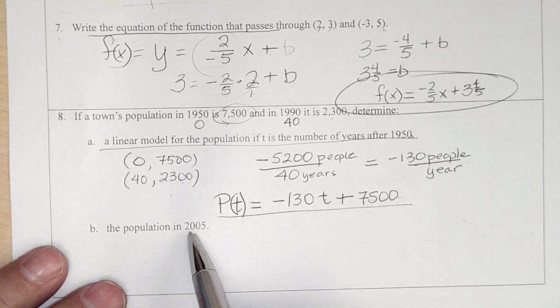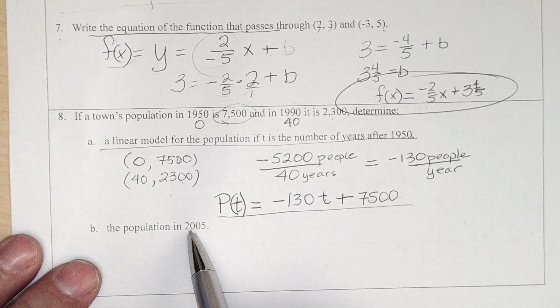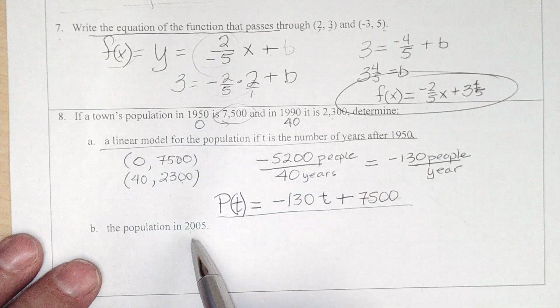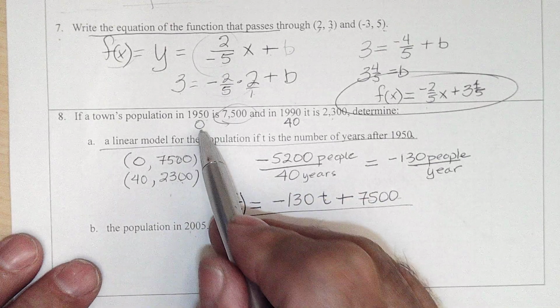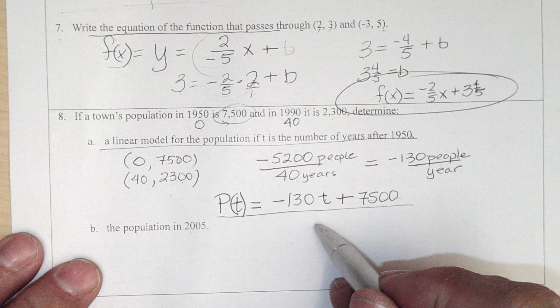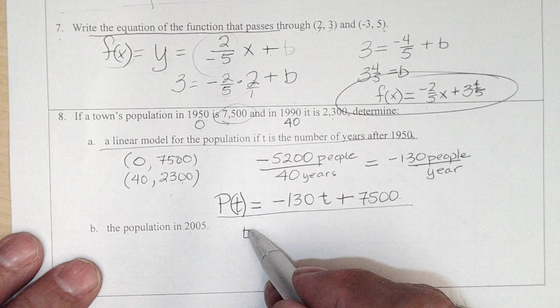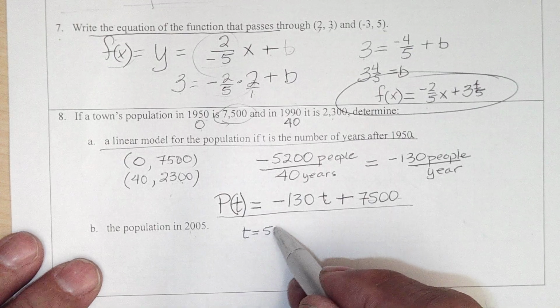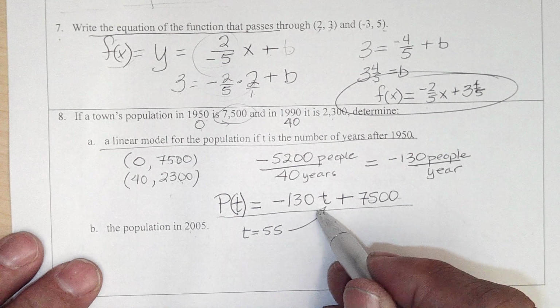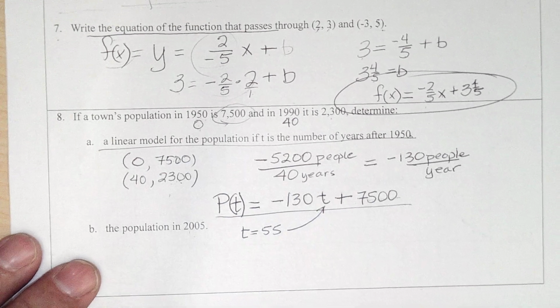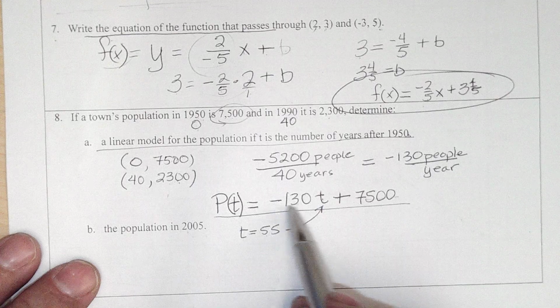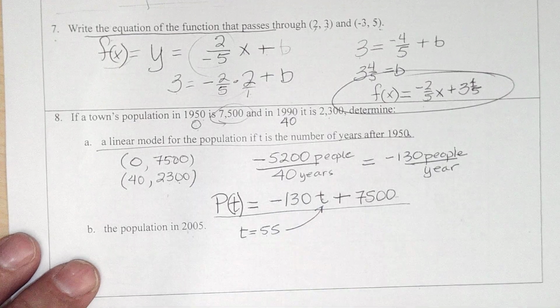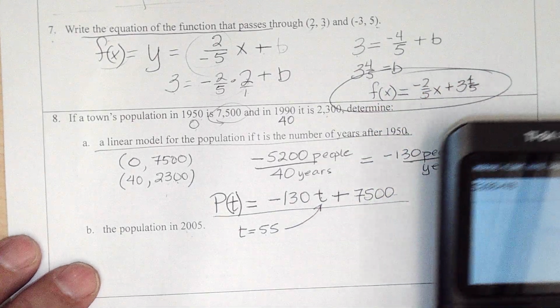So what is it in 2005? Well, that's 55 years after 1950. So I'm going to put 55 into here, and it'll tell me how many times to subtract 130 from 7,500.